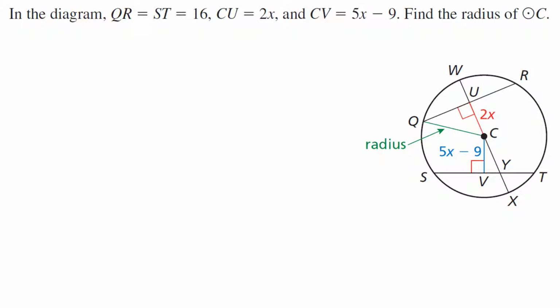Whoa, there's a bunch going on in this diagram. We've got a diameter, right? Segment WX is a diameter. I've got a chord, segment QR, and another chord, segment ST. Notice they've drawn in a nice little radius, segment QC, that's a radius.